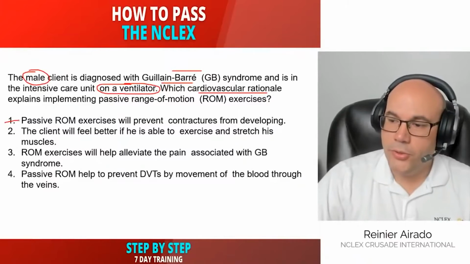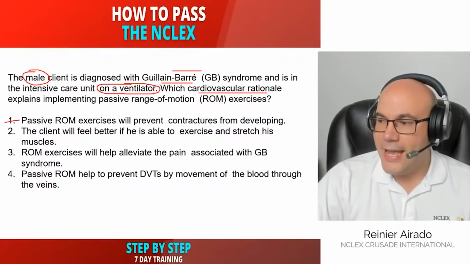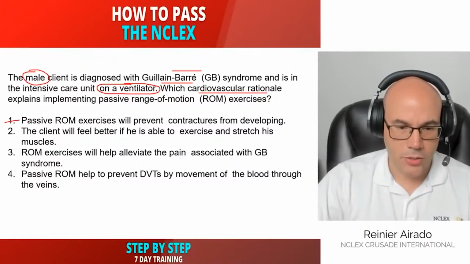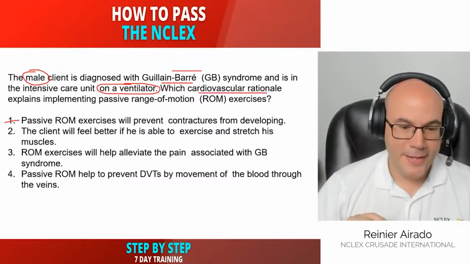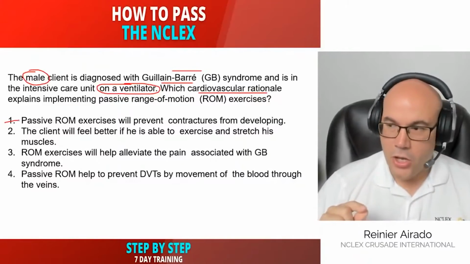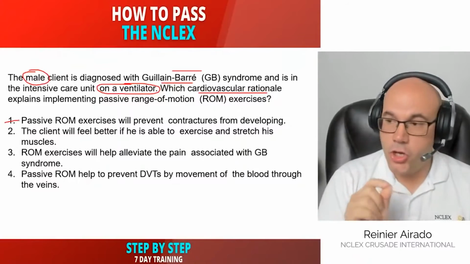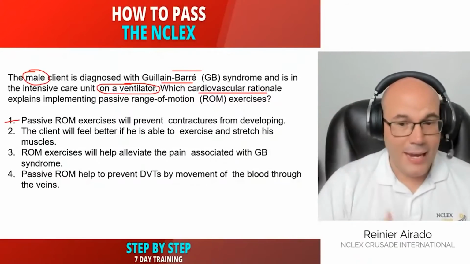Answer number two, the client will feel better if he is able to exercise and stretch his muscles. Well, let's think about this one. The patient is on a ventilator. What this means is that, in Guillain-Barré, we have ascending paralysis.